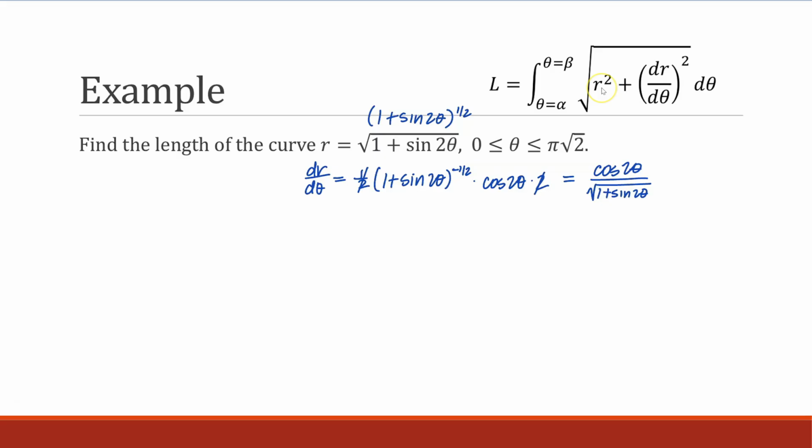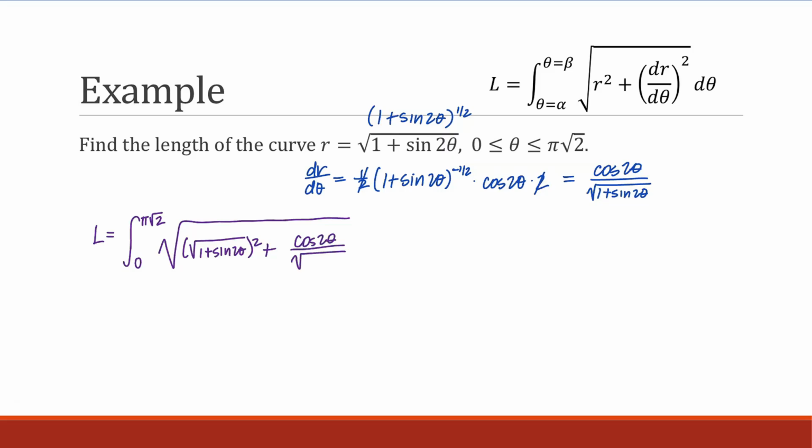We have r that we're going to have to substitute in, and then our alpha and beta are these angles here. So let's start writing things out here. Our length is going to be the integral from 0 to pi times rad 2 of the square root of, we're going to do r squared, so the square root of 1 plus sine of 2 theta squared plus our dr d theta, so that's cosine 2 theta over the square root of 1 plus sine of 2 theta.